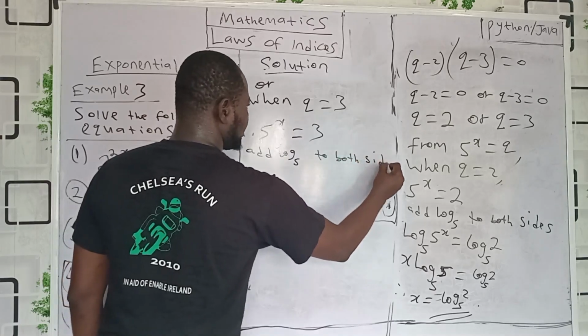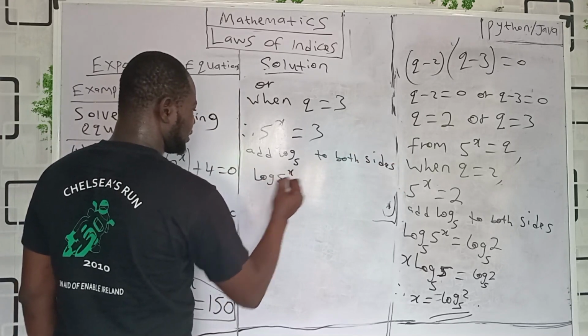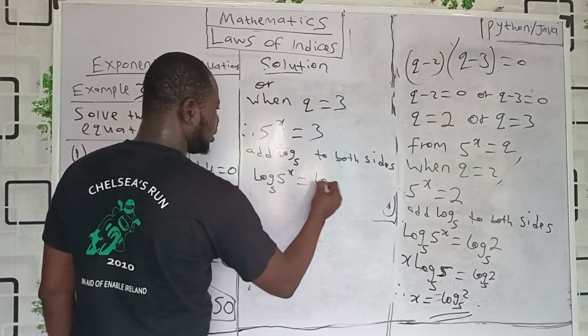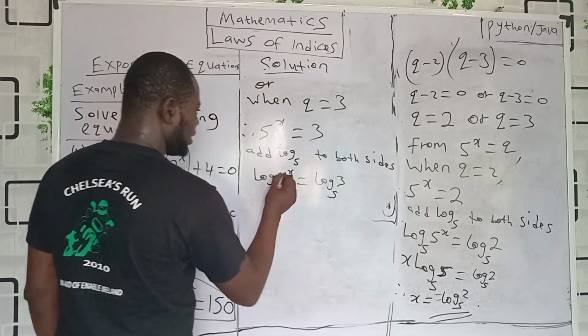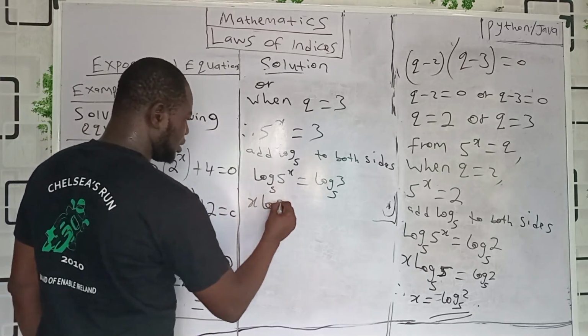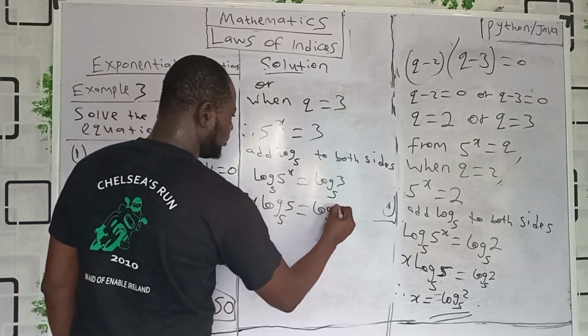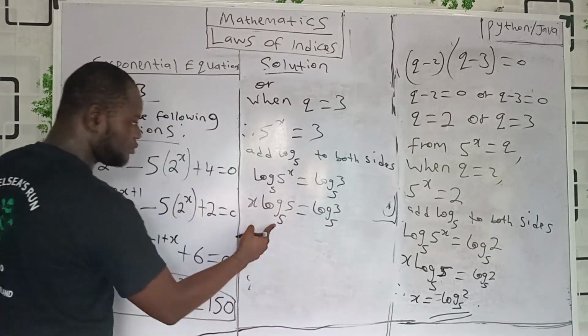Both sides. We now have log 5 raised to power x base 5 equal to log 3 base 5. x will come to the front. Now it becomes x log 5 base 5 equal to log 3 base 5. Log 5 base 5 will give us 1.